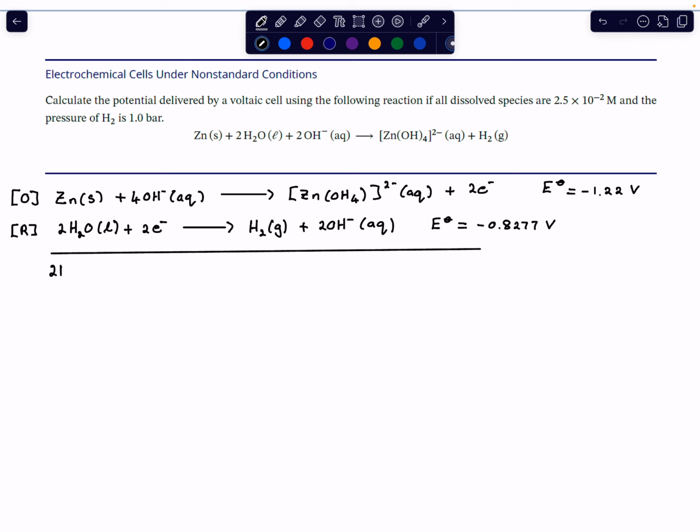So if you add everything together, you're left with 2 water, zinc solid, 2OH minus aqueous, and that forms hydrogen gas plus zinc hydroxide.